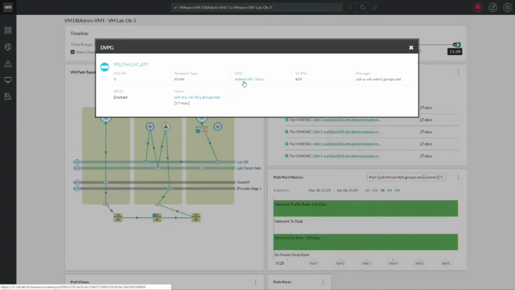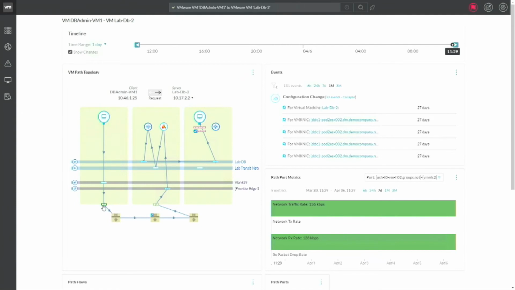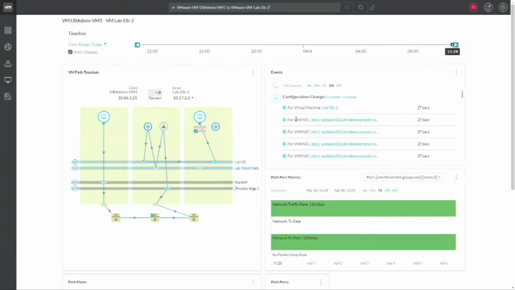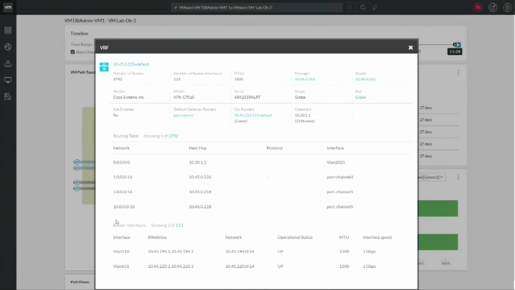I can understand what my virtual switch info is. I can also look at my VNIC info and understand what that is. Even down to interface speed, my administrative status, different configurations. Out to, and this is where I was talking about earlier with the routing scenario that we saw back on the micro-segmentation page, I'm routing. This path is going out to a physical environment before it comes back into NSX.